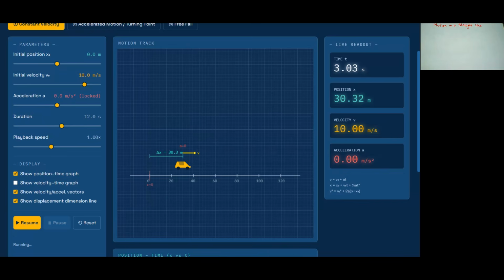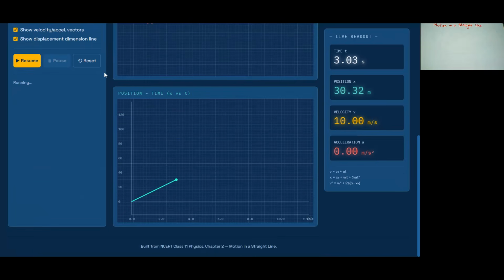So this is the derivative of position with respect to time. Here you can take the slope of the tangent to the position-time graph at a single point.